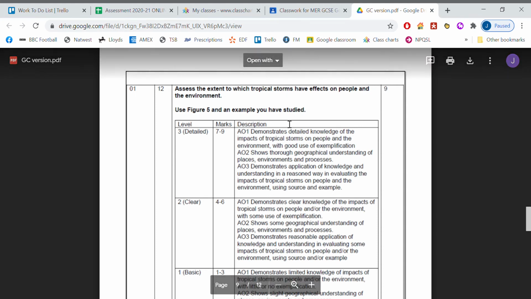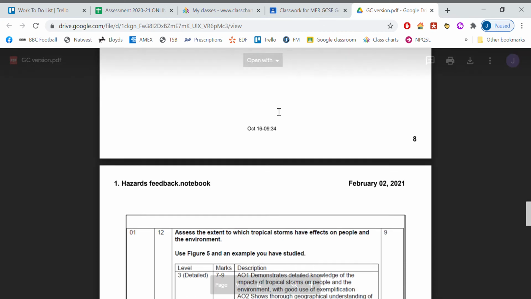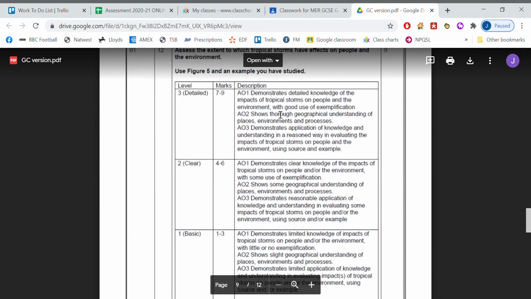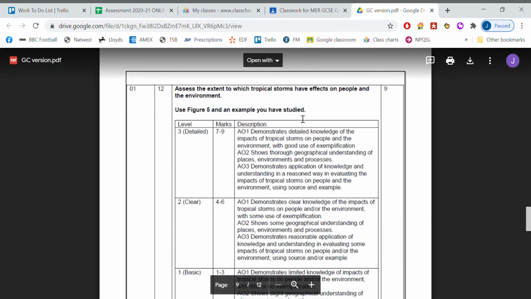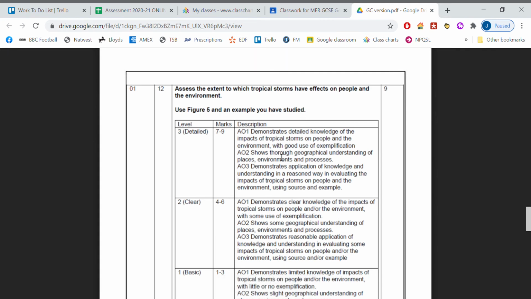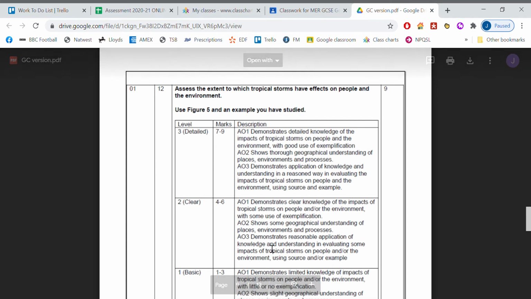Does it depend on the type of storm, the severity of the storm, the wealth of the country? For example, in Irma, it said something like 8 people had died compared to 6,000 in Typhoon Haiyan. So we've got some comparative data there. To get into level 3, you really need to apply that knowledge to really assess the extent. Otherwise, you're kind of stuck in level 2.